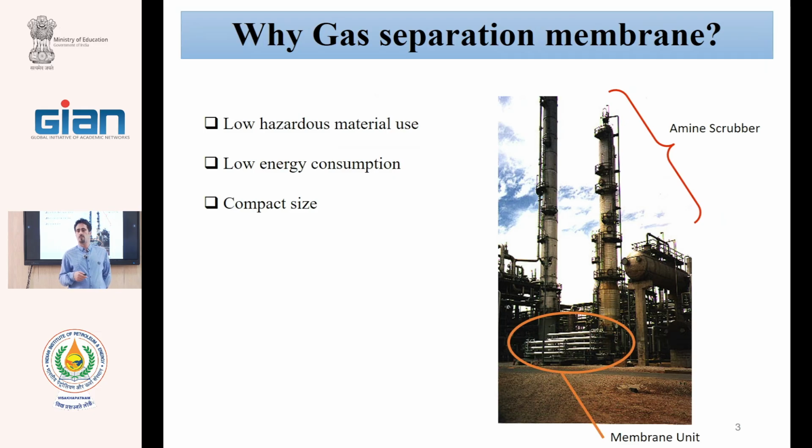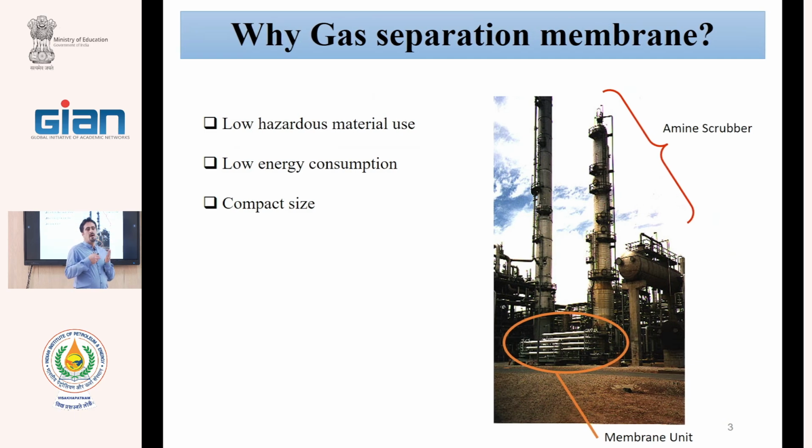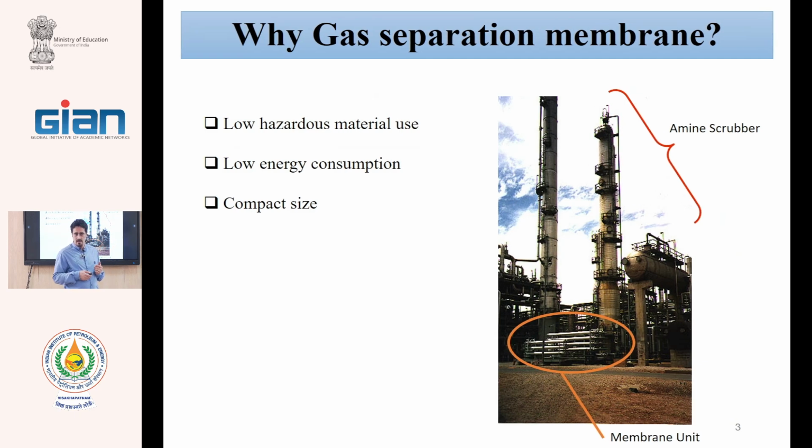With the compressor we increase the pressure, and we have a barrier where one gas diffuses more and another one less. It is a very easy method for separating gases from each other. Low energy consumption and compact size: when you see the size of the scrubber column and the size of the membrane.